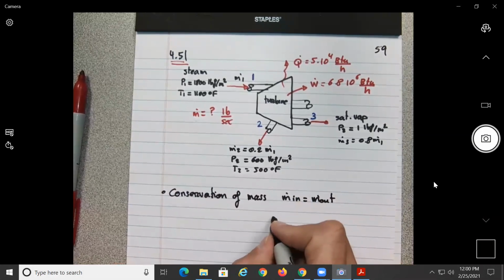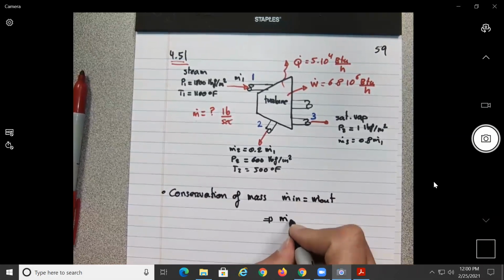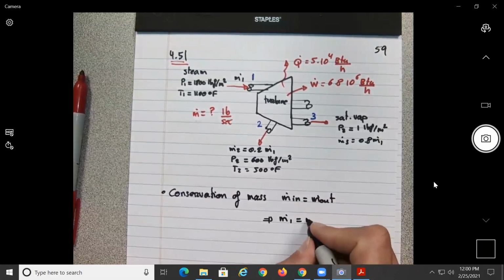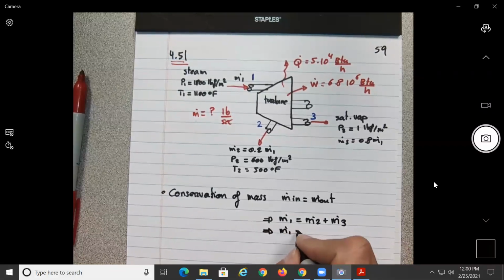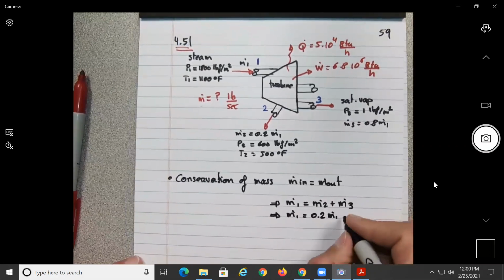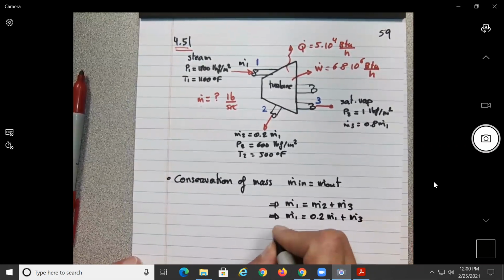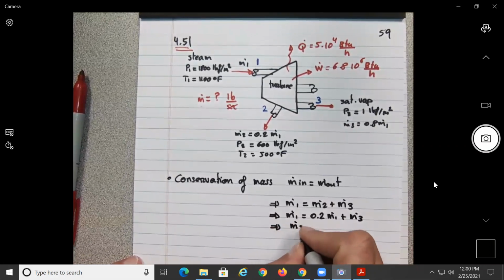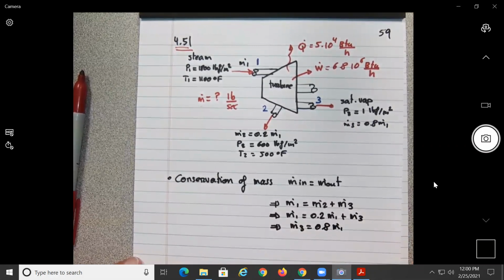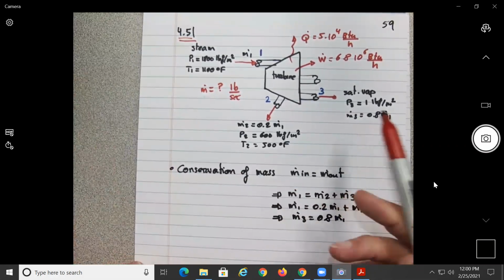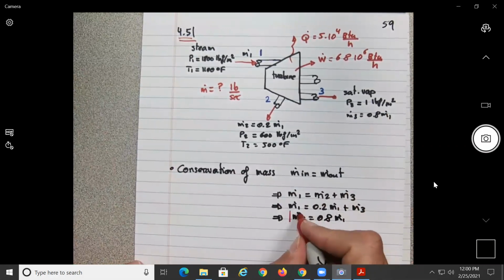So in this case, we rewrite this as m1 needs to be equal to m2 plus m3, and then m1 will be equal to 0.2 m1 plus m3, so m3 will be equal to what? 0.8 m1. We already knew it because you can do it in your head, but since it's the first problem, let me do all the details.